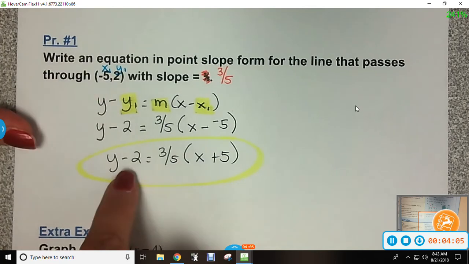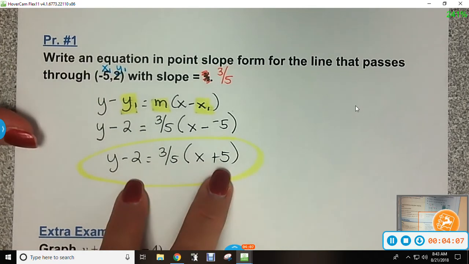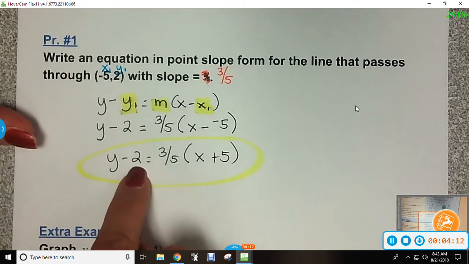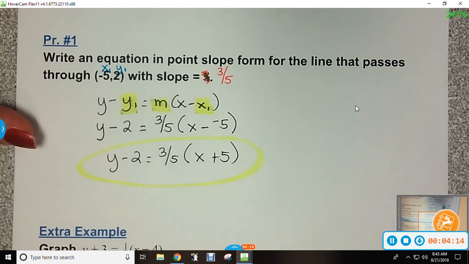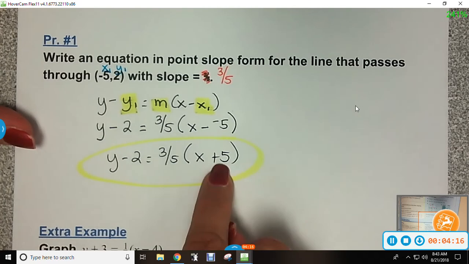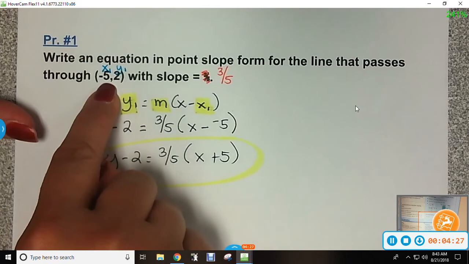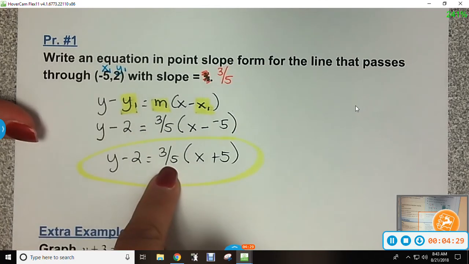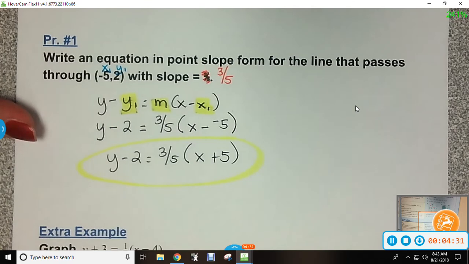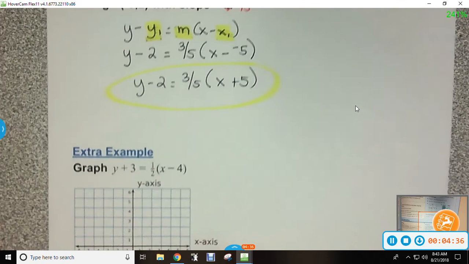So if I wanted to look at this equation and get an ordered pair from it, well, this is x, this is y. You just change the sign of both of them. So change the sign of this gives me -5. Change the sign of this would give me a +2. So -5, 2 is a point on the line. Well, yeah, that's the point they gave us. And then I know the slope is 3/5. Okay, that's the concept we're going to use in this extra example down here at the bottom.